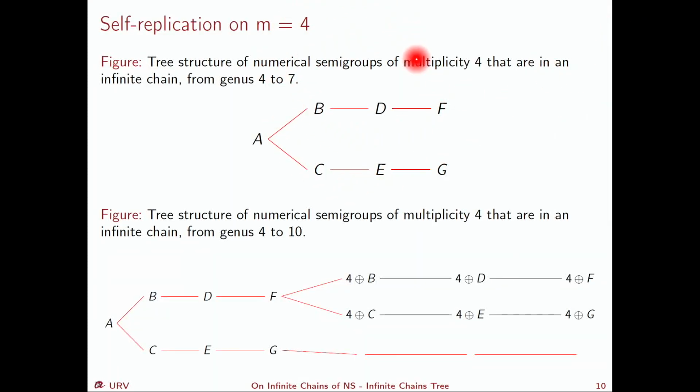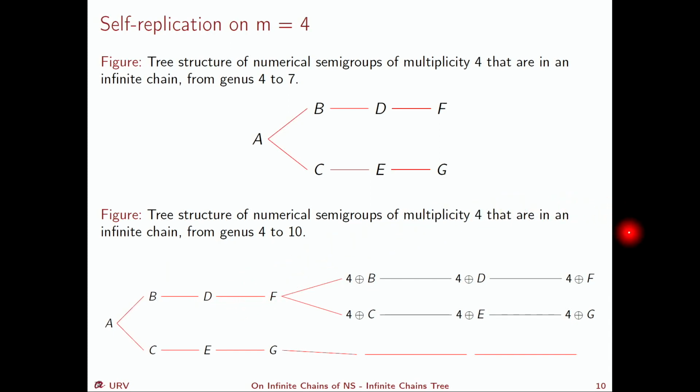And we have this structure replicated along the tree, and it happens by the push. So, for instance, here we start this way, and F is equal to the push of A by 4, its multiplicity.